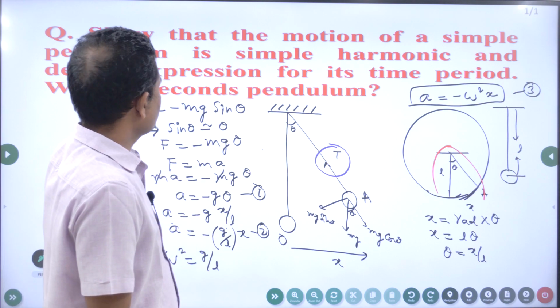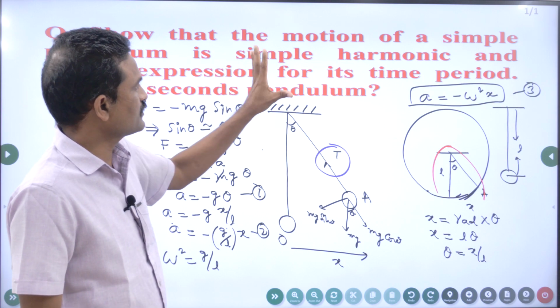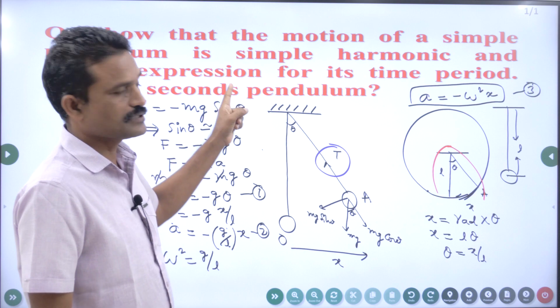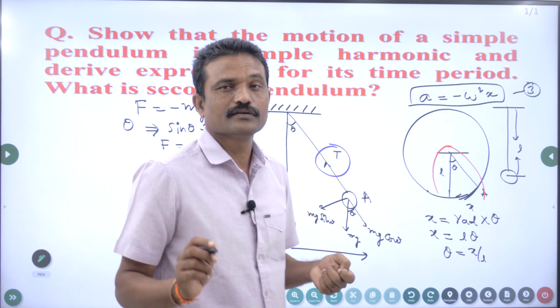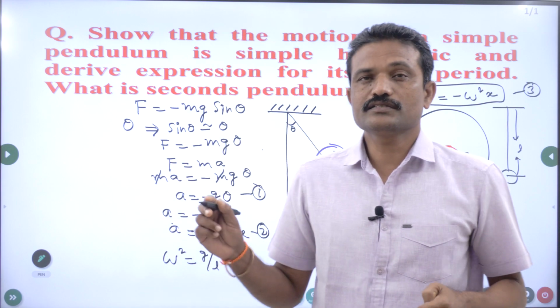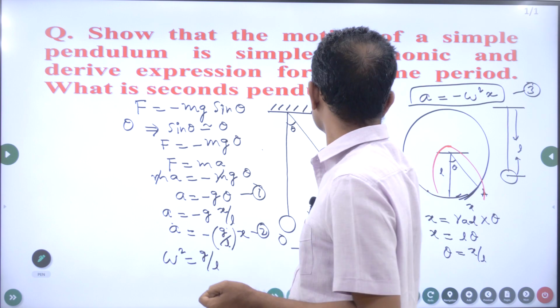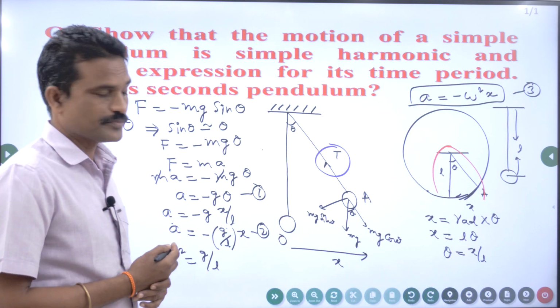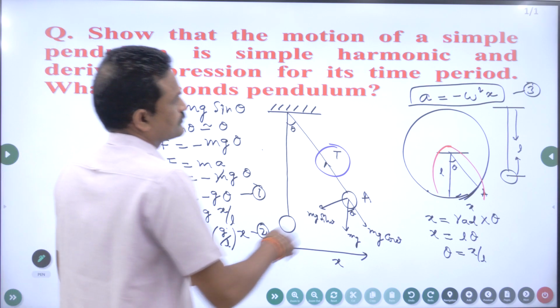Now, the first part of the question is clear, that we have to show that the motion of the simple pendulum is simple harmonic. I proved that the oscillations made by the simple pendulum are simple harmonic, since it resembles the SHM equation A is equal to minus omega square x. Is this clear? Right. Now, what is omega?